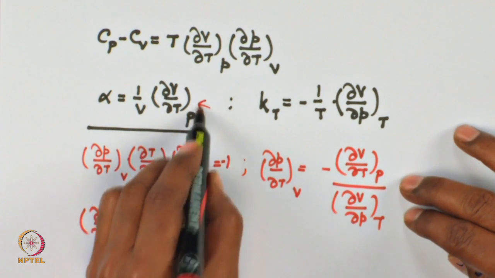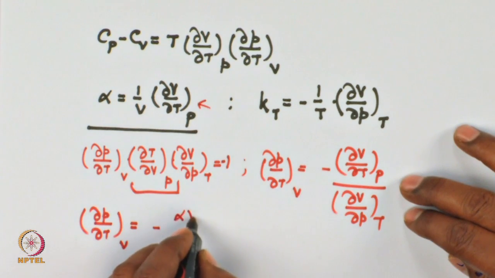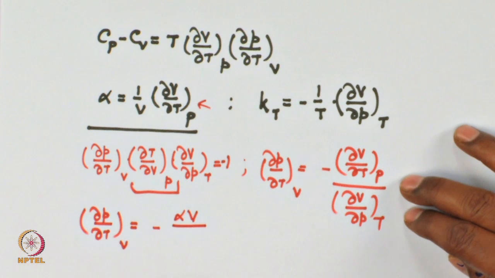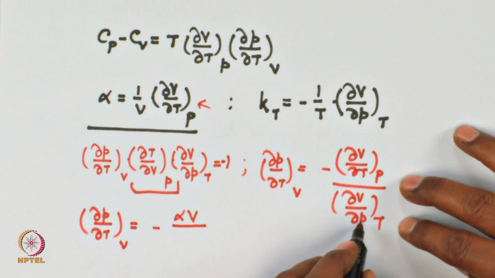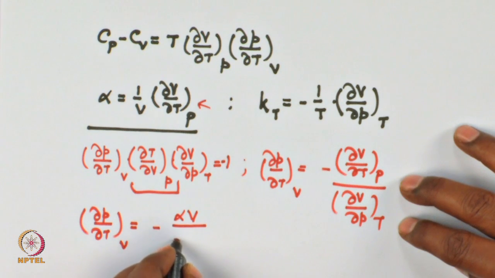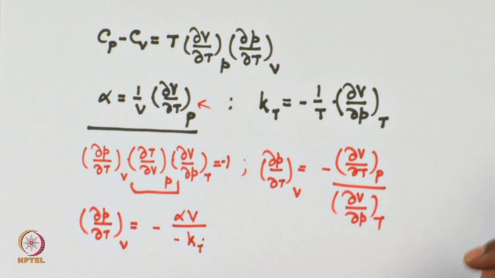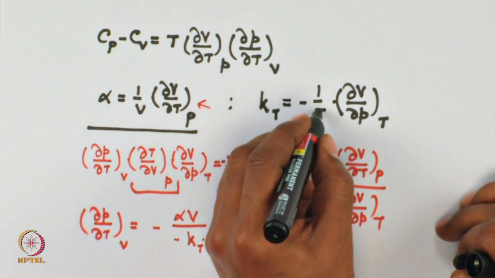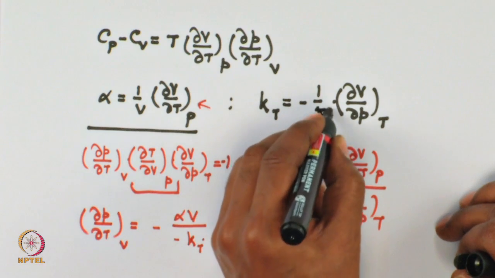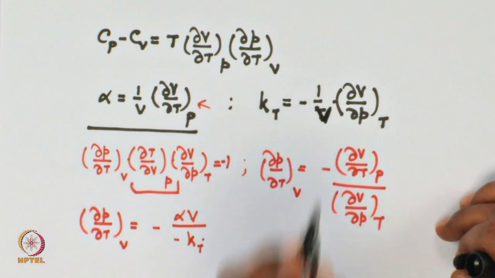If I use this, it is equal to alpha times V, and this, from here, is equal to minus Kt times V. I am sorry, let me correct: this has to be per unit volume, not per temperature, so please correct this.